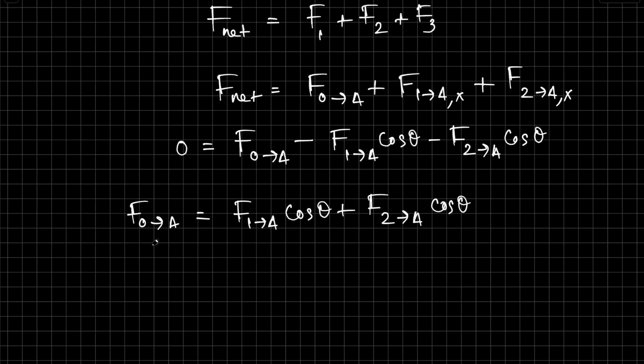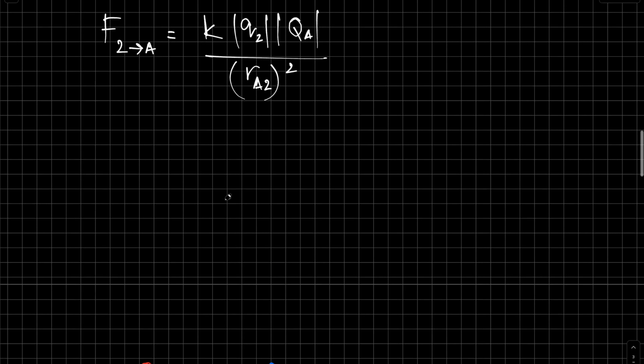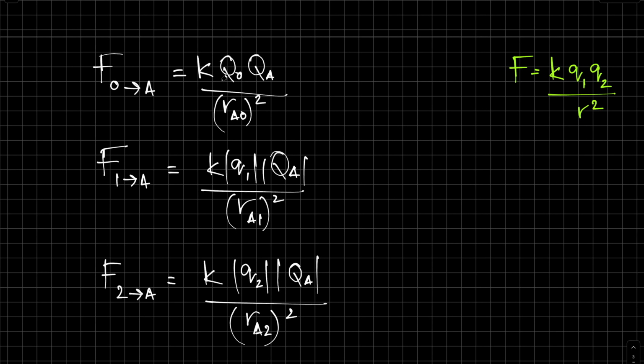Okay, let's substitute the values now. F0 to A, we found F0 to A: K Q0 QA by RA0 square.